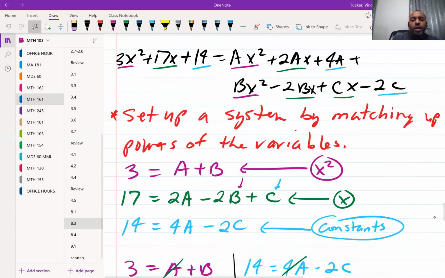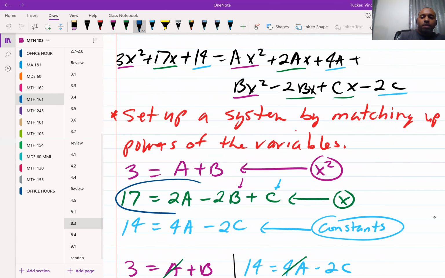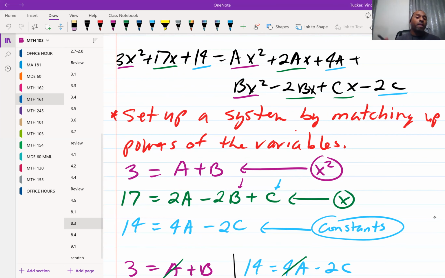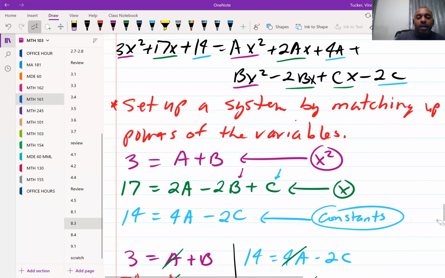All right, so now notice what I did here. This green equation has a, b, and c in it, right? Now this first one has a and b. The third one has a and c. So what I did was I took the first and the third one, the purple and the blue one, and then solved them and wrote them in terms of a.